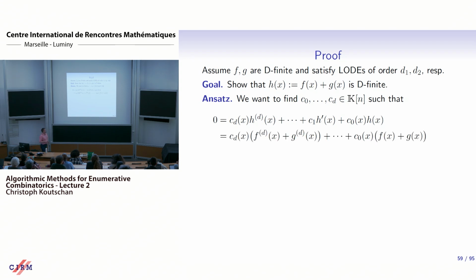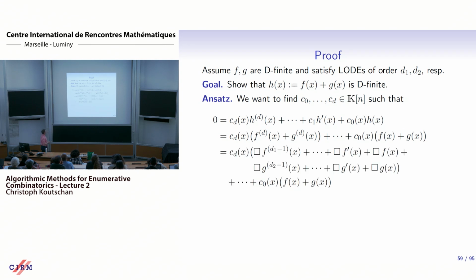And so if you insert the definition of h into this equation, you get this. And then you use the fact that both f and g satisfy differential equations of certain orders. So you can rewrite the d-th derivative of f into a linear combination of f, f prime, and so on, up to the order d1 minus 1. And the same for g. And then you collect terms.